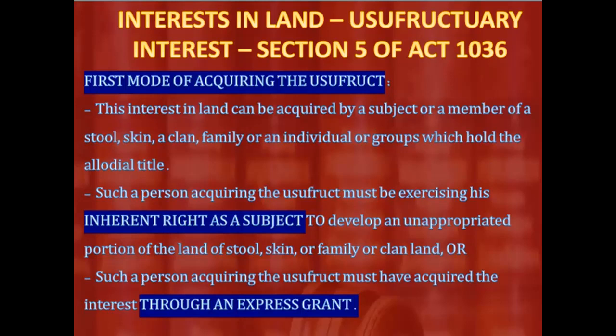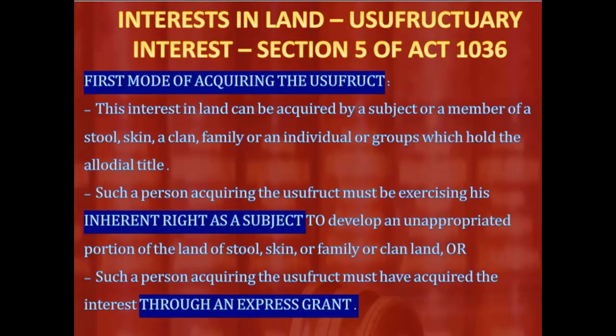Now, under section 5, there's one way of acquiring the usufruct by a subject. And that is what you see under section 5, subsection 1A. And over there, these are the points that we can note. That's one. A usufruct is an interest in land.